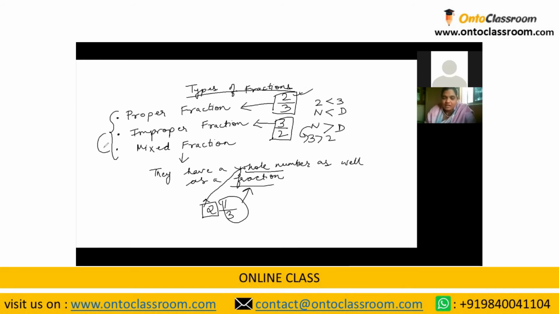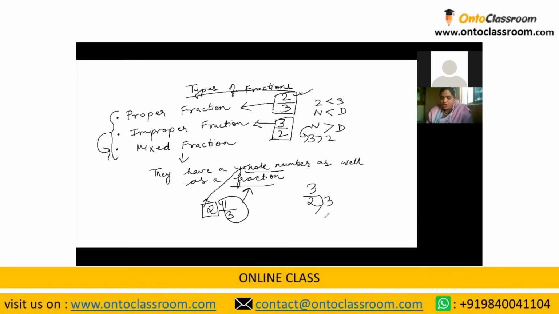How? So we have taken 3 over 2, our improper fraction. How can we change it into a mixed fraction? Let us divide 3 by 2. So 2 times 1 is 2, and we get 1 as the remainder.